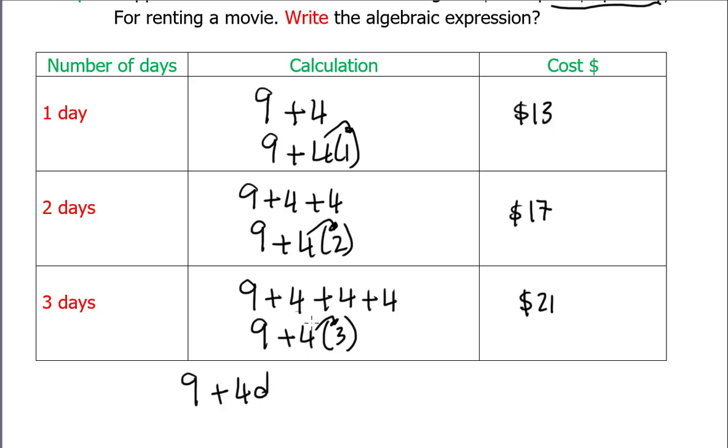We would not write 4 plus 4 plus 4, seven times. Instead we use direct substitution: in place of the letter d, we replace it with 7. That gives us 9 plus 4 times 7 days. 4 times 7 is 28, plus 9 is 37. That's when we need to use a variable to represent the unknown amount or unknown count.